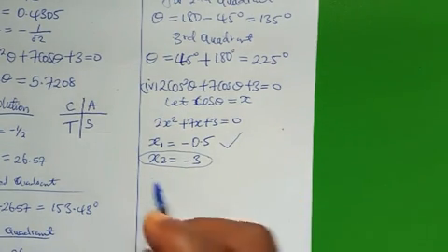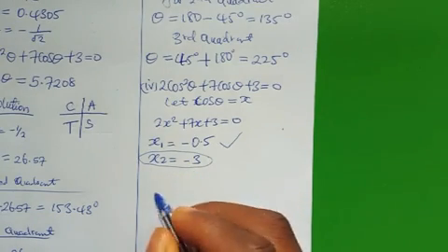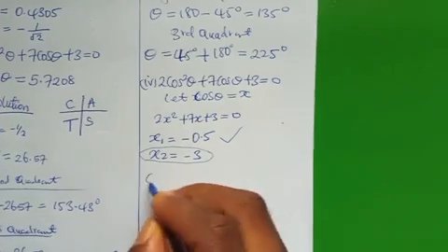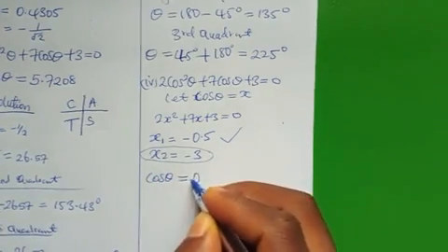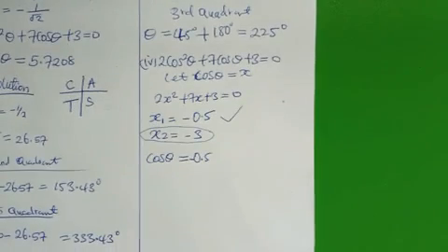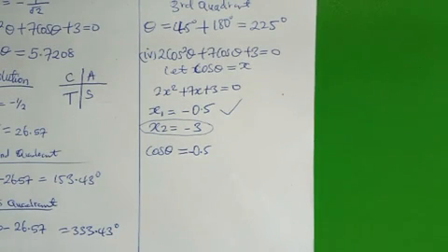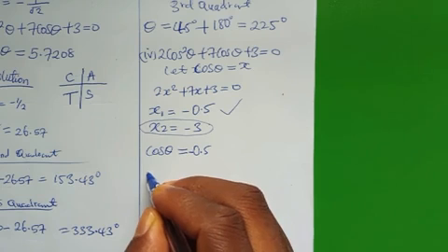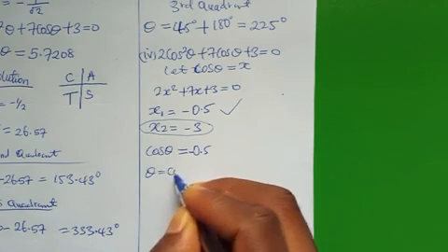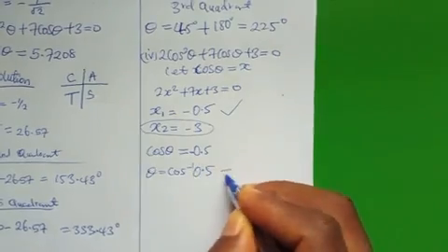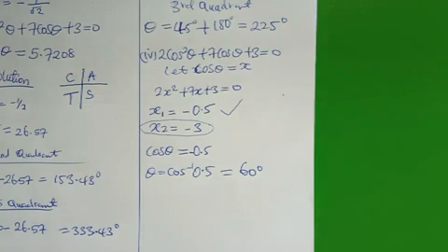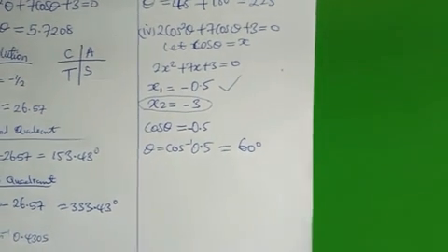And since you have x1 to be negative 0.5, it means that cos theta, which is equals to x, is negative 0.5. Now, what acute angle will actually give you cos value to be equal to half? That is the question. Okay, if you say cos inverse of 0.5, it will give you 60 degrees. Therefore, cos 60 is exactly 0.5.